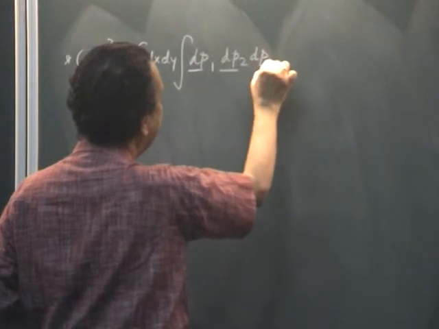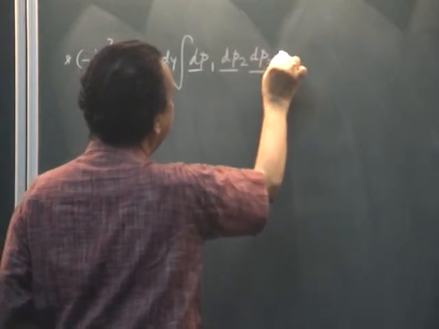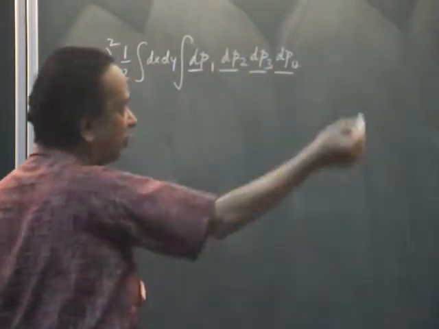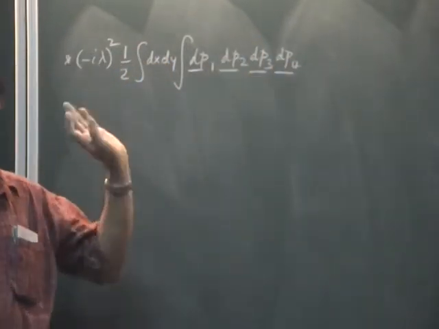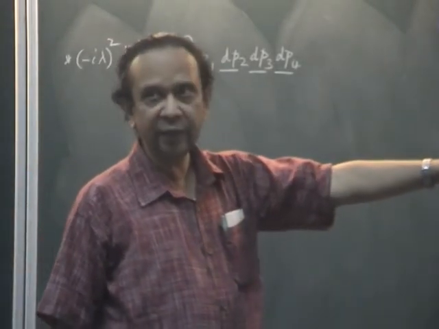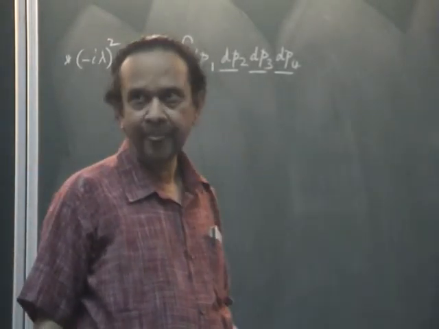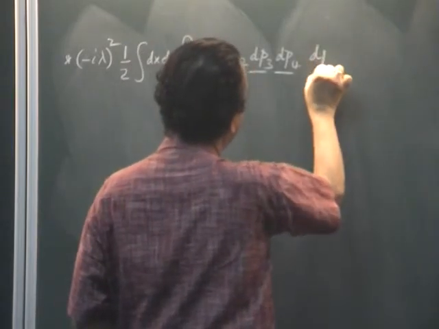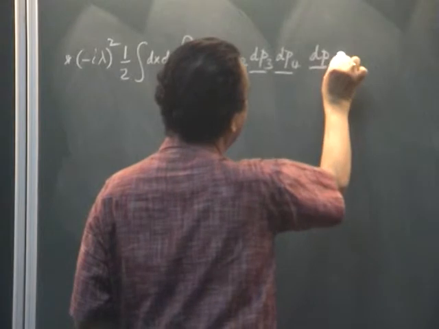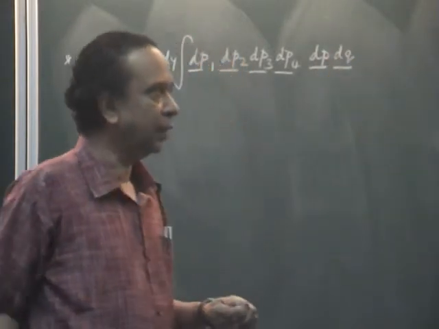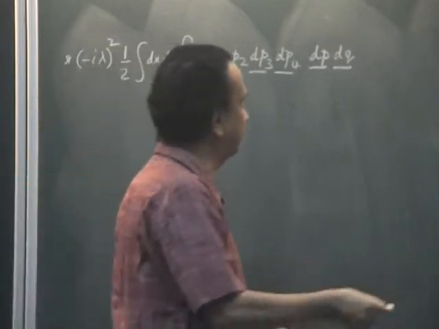So dp3, dp4, all of them will go away when I do the Fourier transform. So I am just writing it down for fun. Then you are left with the xy integrals. They are not going to go away. So there I will introduce a dp and a dq.